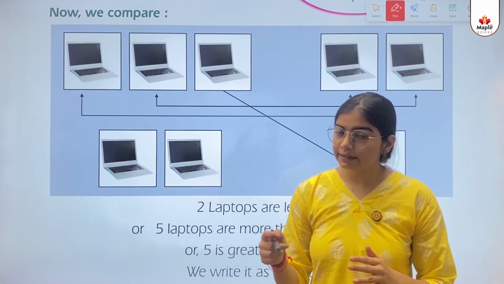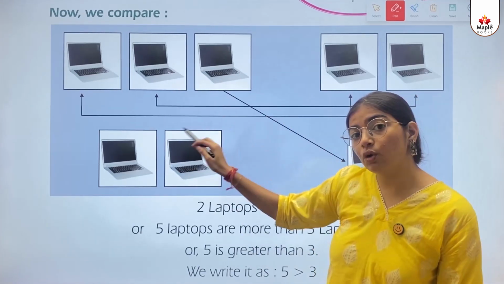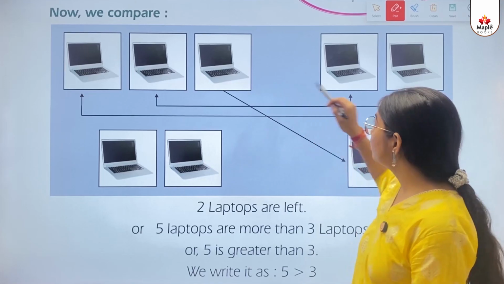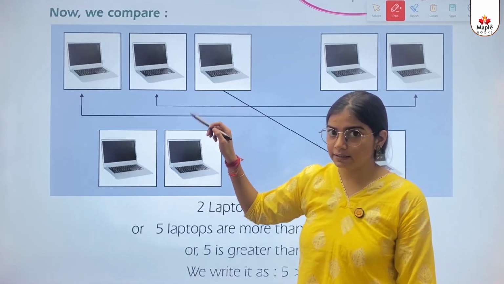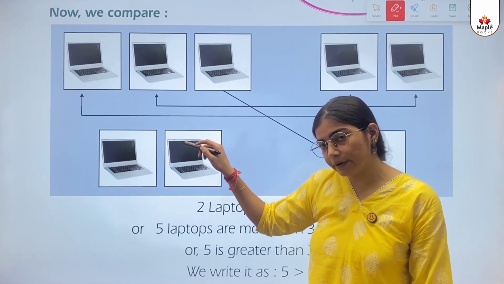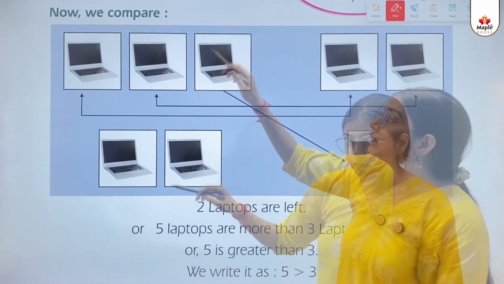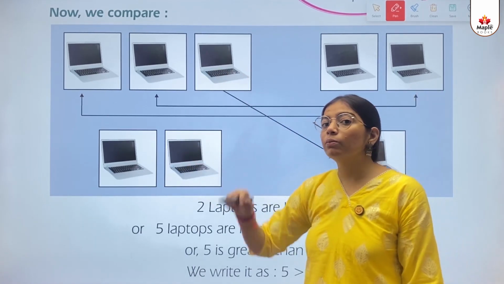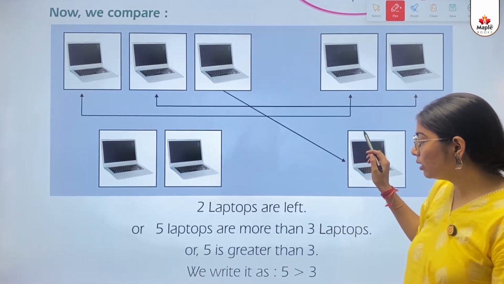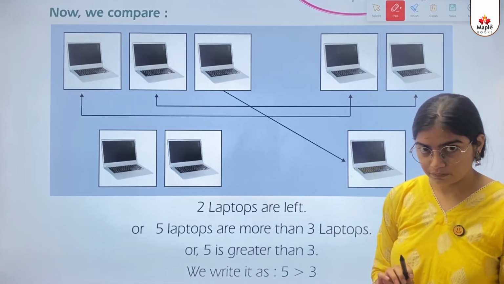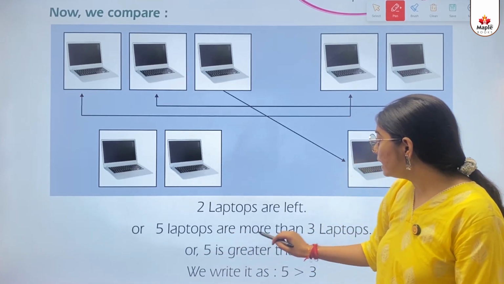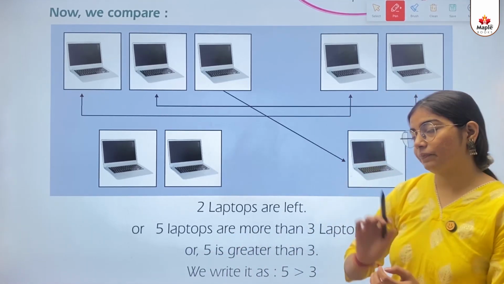Can we say this? This side is more in quantity than this side. If we observe both of them, this side is more in quantity or more in numbers. So we can say that this side or 5 laptops are more than 3 laptops. So this is written here, right? Next. Or 5 is greater than 3.